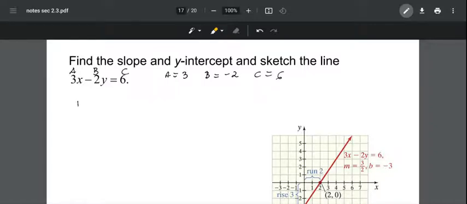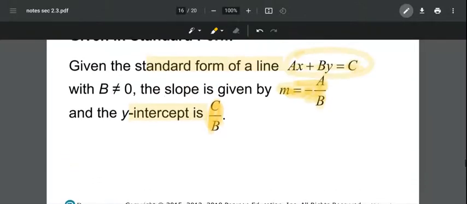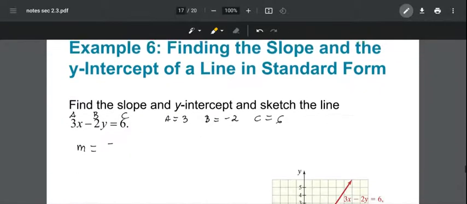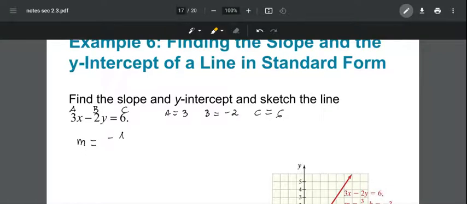So you guys can use the formula that the slope is equal to -A over B. In our case, it will be negative A, which is 3, over B, which is -2, and that will give you +3 over 2. So that will be the slope.